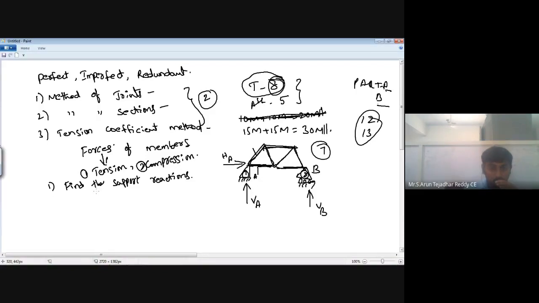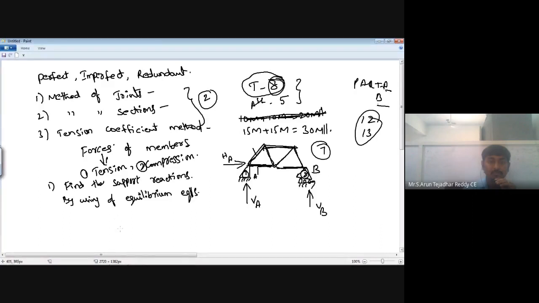And how do we find these support reactions? That is by using the equilibrium equations. Already you know what the equilibrium equations are: sigma H equal to 0, sigma V equal to 0, and moment at any point.